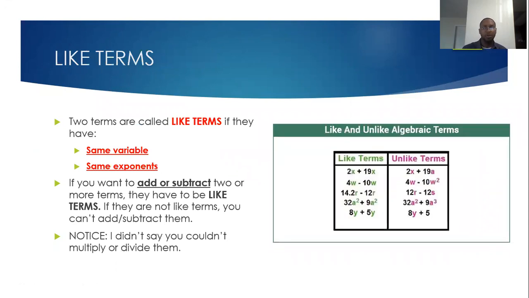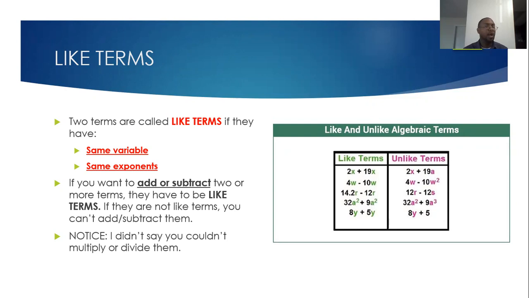All right, like terms. I'm going back over this again because it's super duper important. Like terms have the same variable raised to the same power. So x to the 1 power, which is just x, and x are like terms. A squared and a squared are like terms.